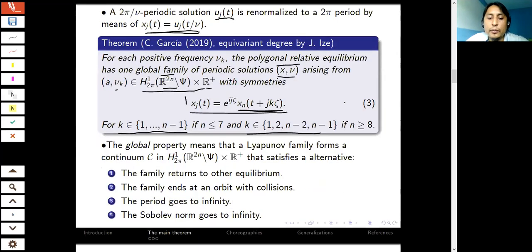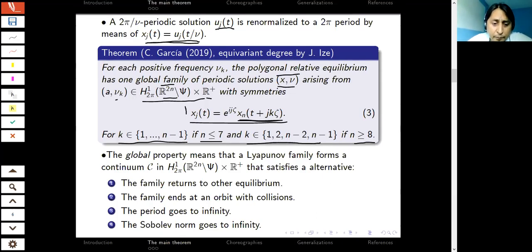And it's known that the polygon is stable only for n less or equal than 7. And for n bigger or equal than 8, it's unstable. So for that reason, I will have fewer periodic solutions for those cases.